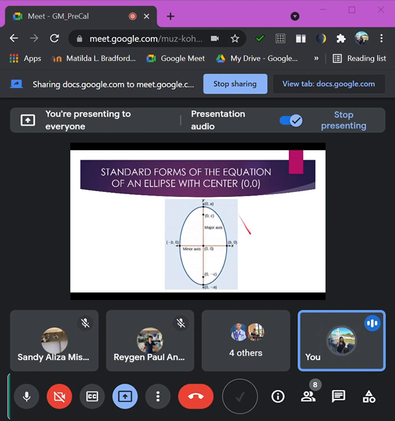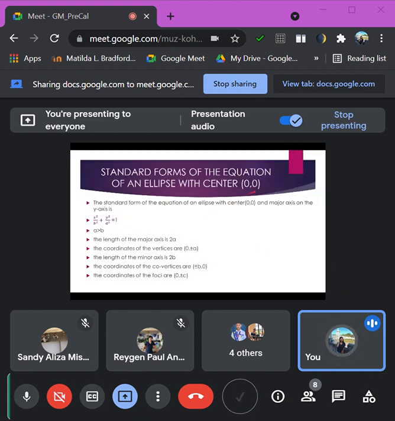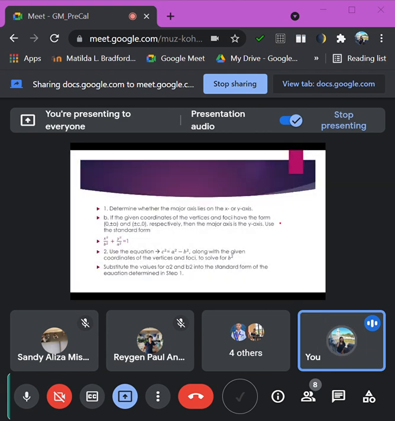Okay. So, I hope nakasunod ra, no? And now, let's have the standard form of the equation of an ellipse with center 0. So, nibalik na ni siya, no? Okay. So, same gihapon, x squared over b squared plus y squared over a squared is equals to 1.